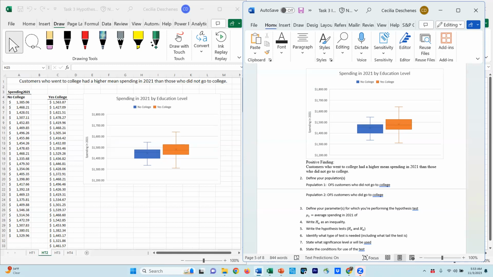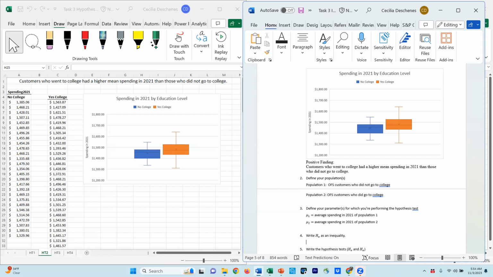So you could say population 1 here, or you can type it out and say OFS customers who did not go to college. And then I'm going to copy it because I want to make sure I am doing apples to apples. I want to measure the exact same thing in each population. So mu1 and mu2.